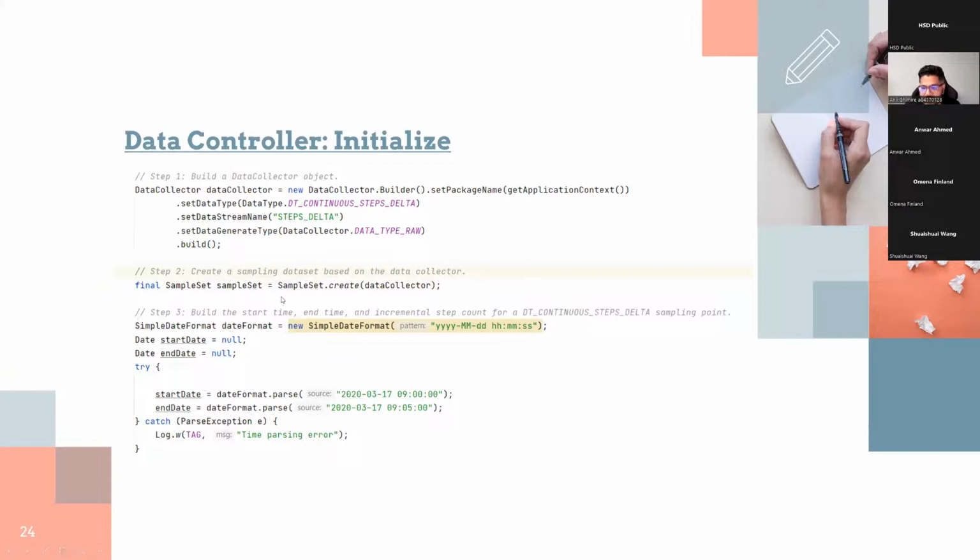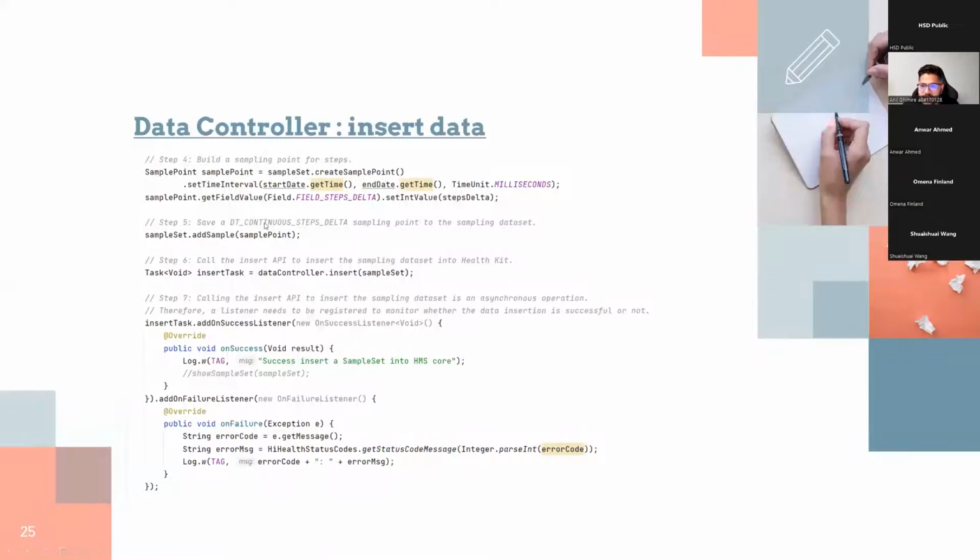After creating a sampling data set, we define the time, the moment that we want to collect the data. Then we create a sample point of the data. Using all the time and all the information, we create this sample point, and this sample point is added to the data container, and the data container is inserted using the data controller.